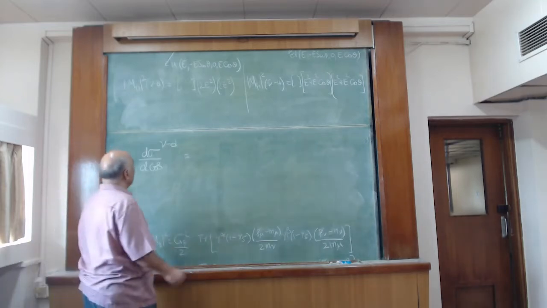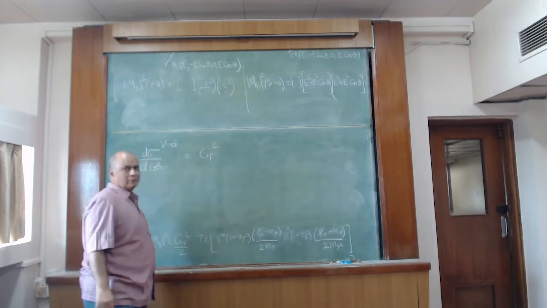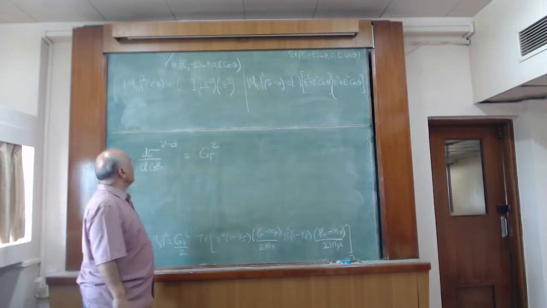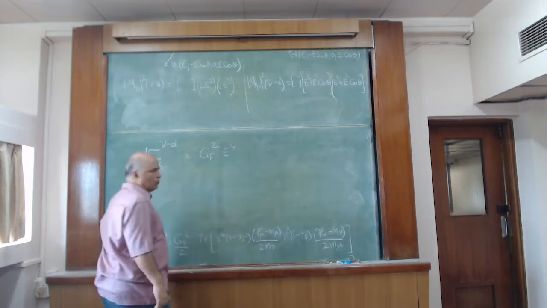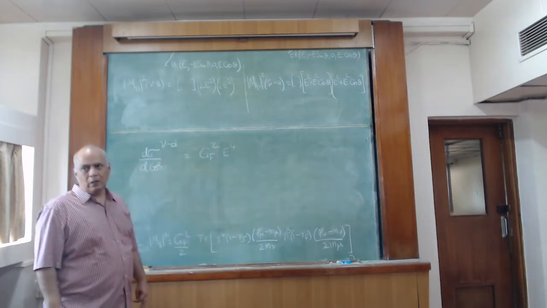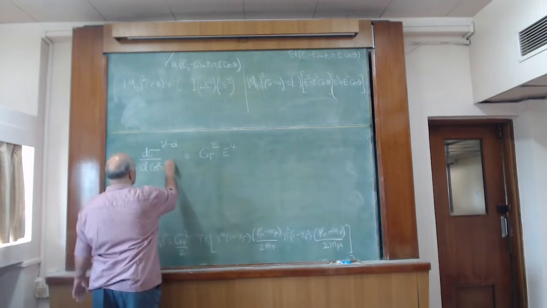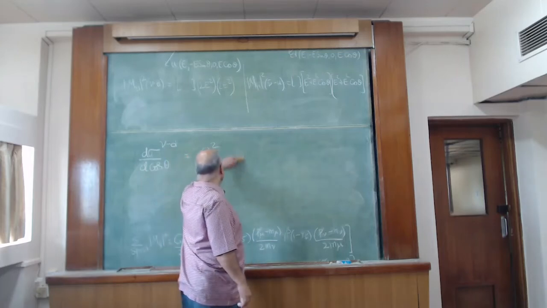If you do that, we know that it is proportional to G_F square, and we see that it is proportional to here E power 4, but this is a cross section, or rather let me not put the E power 4 here.